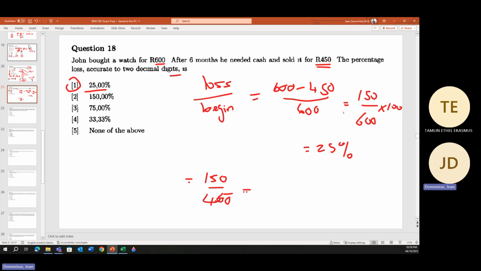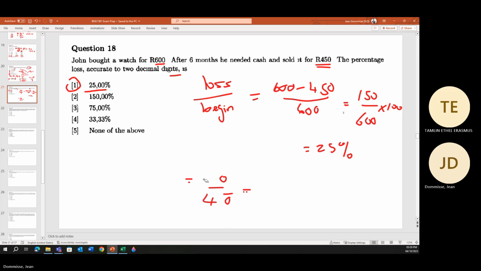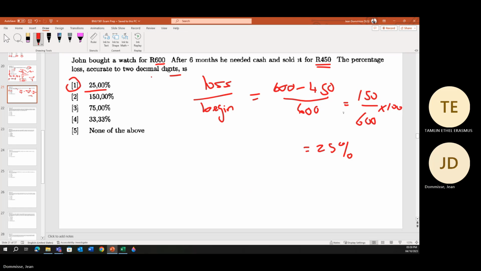But that is when we look at profit. They haven't asked us that. But if you need to work out the profit, again, the amount that it sold for needs to be bigger than the amount that you bought it for.